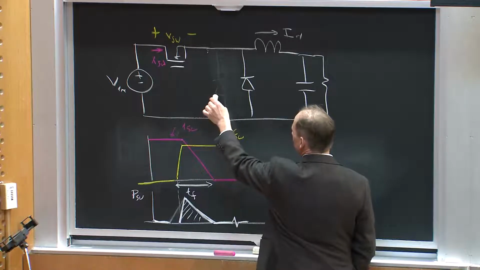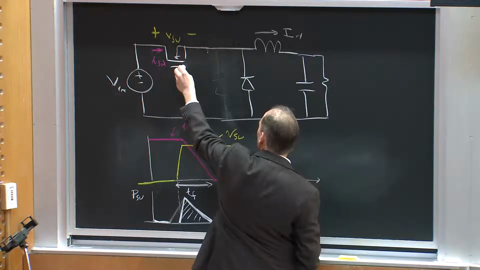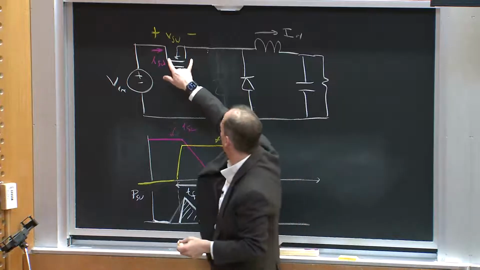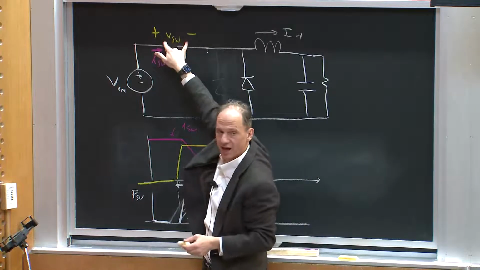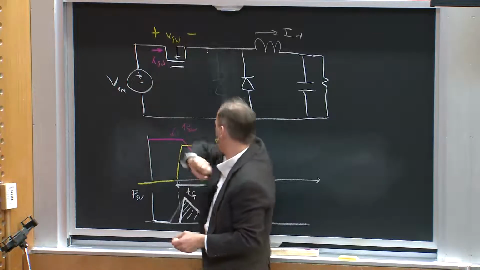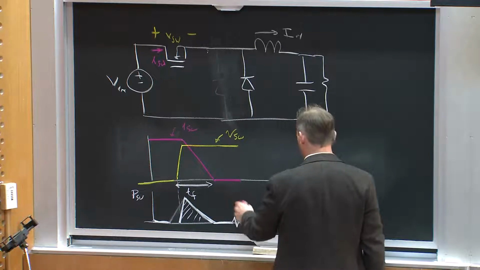Sort of the opposite. For the switch to pick up current, as long as the diode is carrying any current, the switch voltage has to stay high, right? And so the switch current will come up before the switch voltage collapses. If I looked at the other transition, I would see something like this.